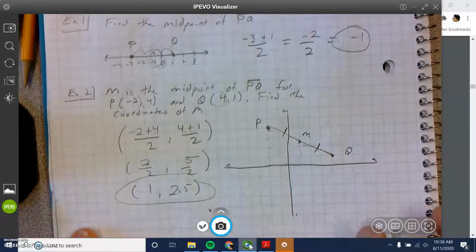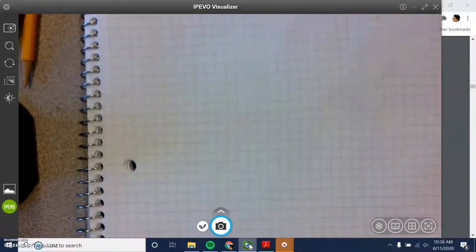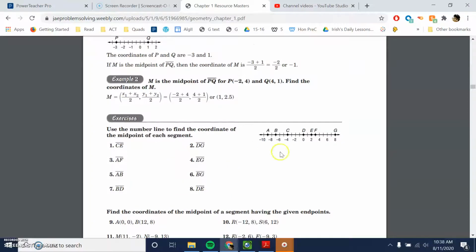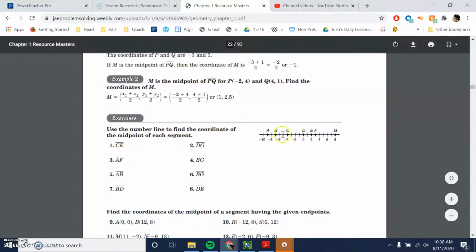Got it. All right, let's practice some of these, shall we? Let's go back to our worksheet. Number line first. Use the number line to find the coordinate of the midpoint of each segment. First, line segment CE. C is -4 and E is 2. What is the midpoint there?